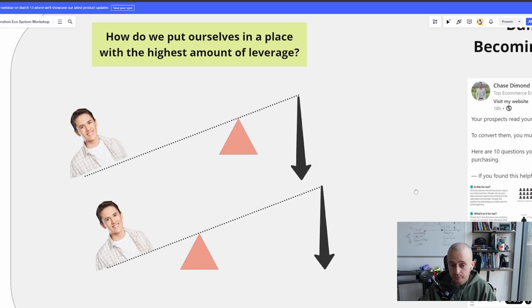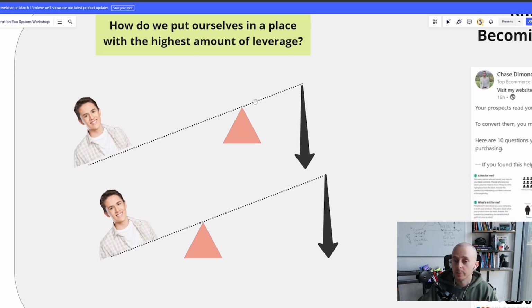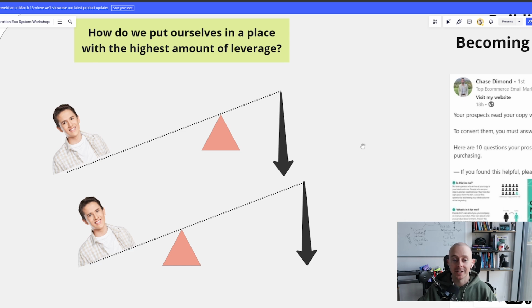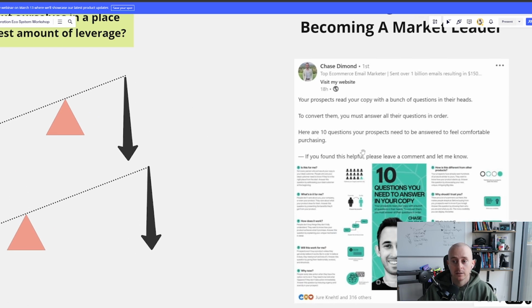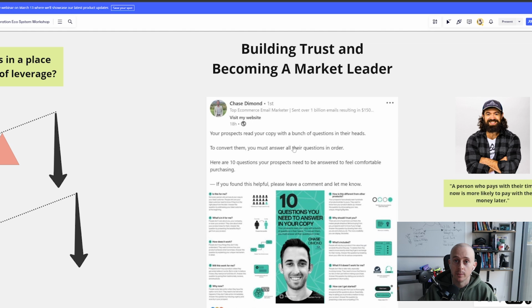And this lever for everybody in the space is becoming shorter and shorter. Everyone is getting a shorter lease, and it's harder to land sales now more than ever because there's a ton of $100 million offers out there. There's a ton of guarantees in the marketplace right now, and it's creating a lot of mistrust because a lot of people can't deliver on what they say they can deliver on. And so how do we get past that? Well, we build trust, we become a market leader in the space.